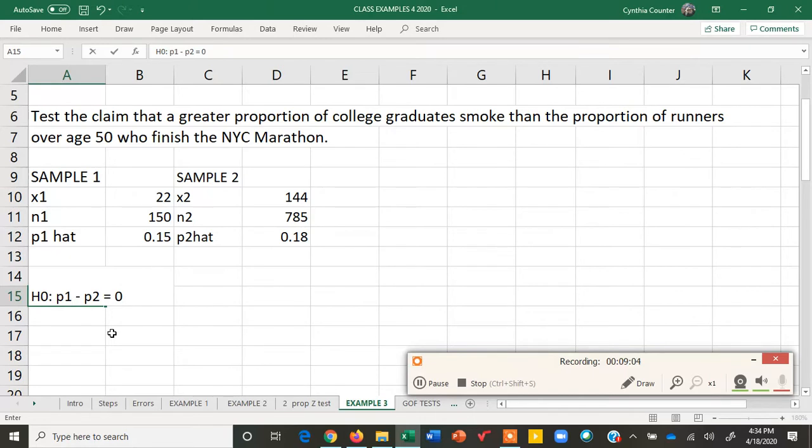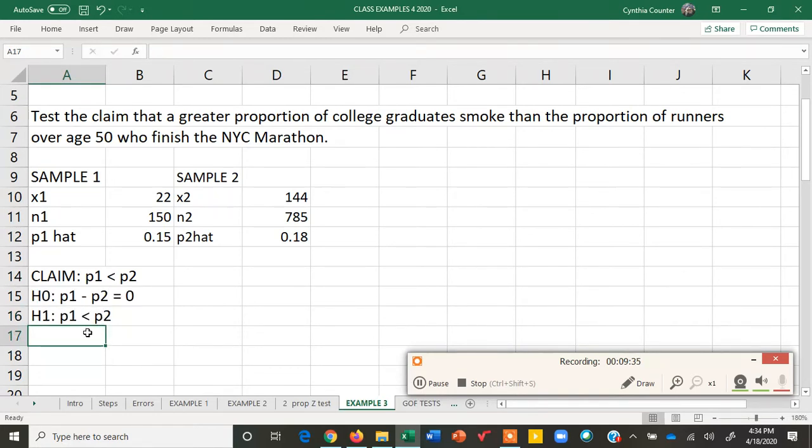So we are testing the assumption that there is no difference between the population proportions from which the samples were drawn, versus the population proportion from sample 1 being significantly less than the population proportion from which we gathered sample 2.